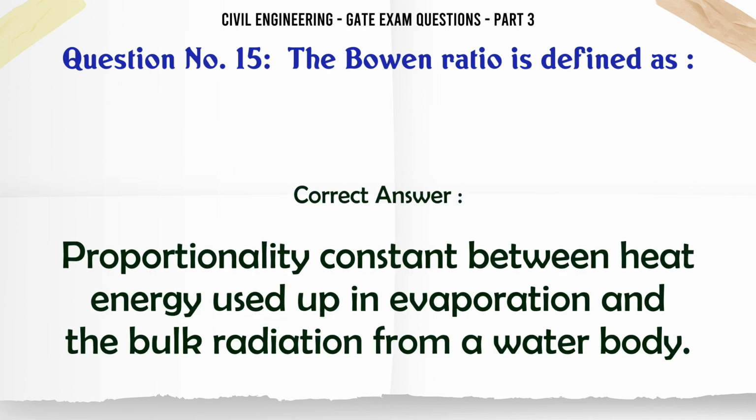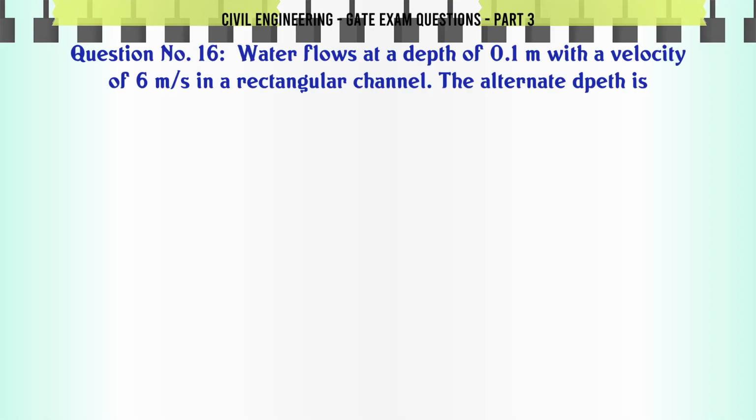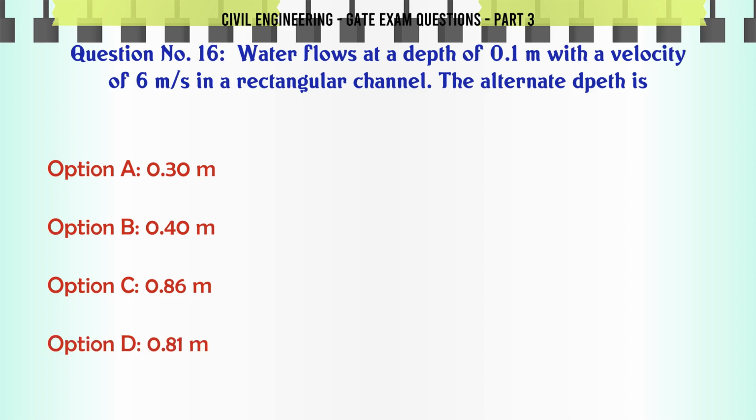The correct answer is proportionality constant between heat energy used up in evaporation and the bulk radiation from a water body.